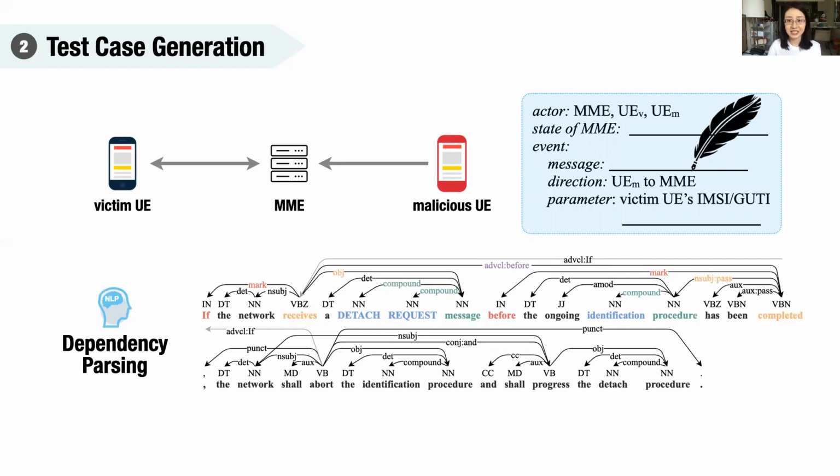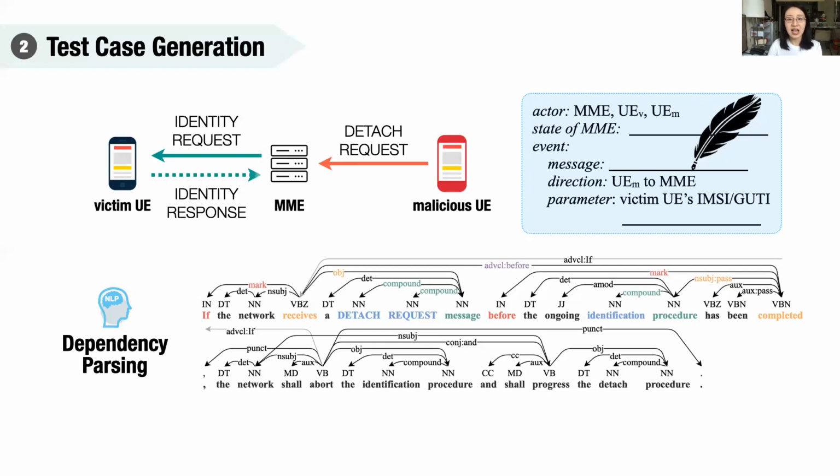And the word detach request, colored in blue, has a compound relation to the word message. So from these relationships, we can identify that the detach request message is an attack message issued by the malicious UE. In the same way, we can decide the network is at a target state after it sends out the identity request message before it receives the identity response.